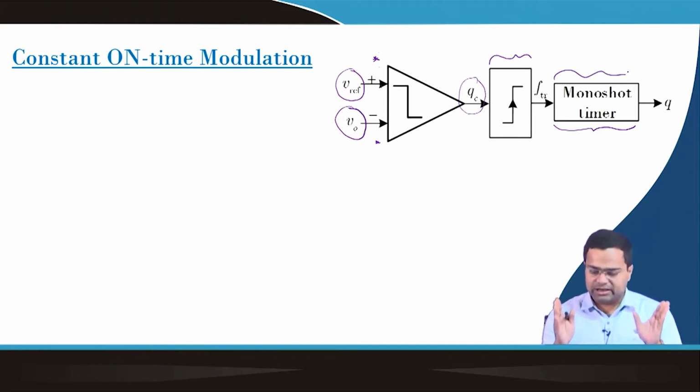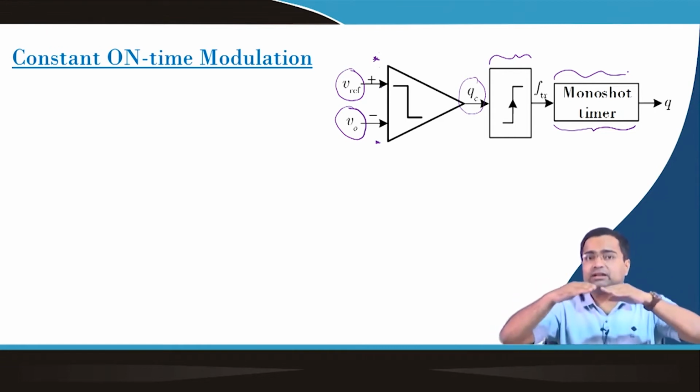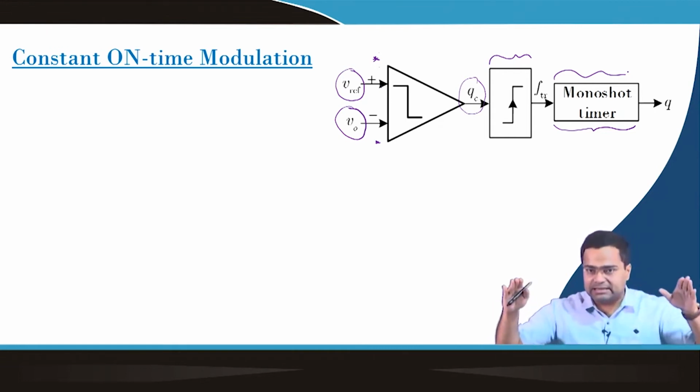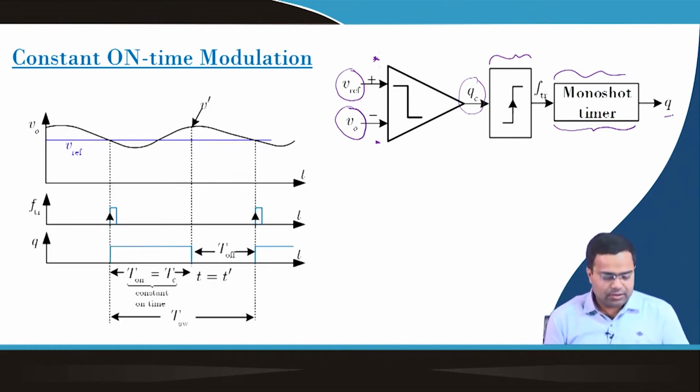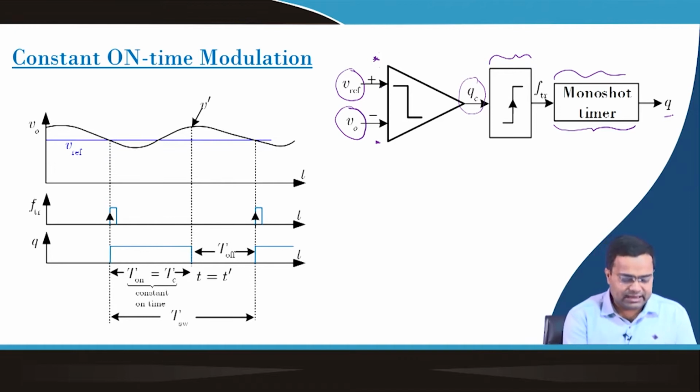That means, whenever it accepts a trigger pulse, it goes to the high state, which is an unstable state, and remains high until the counting is complete. When the counting is over, it goes to the low state, and that way we can generate the gate signal directly. So, this is the waveform. You can see that when the output voltage is above the reference voltage, the comparator output was low.